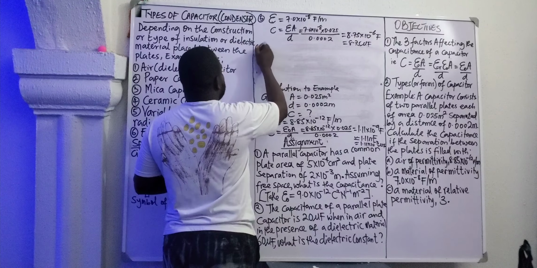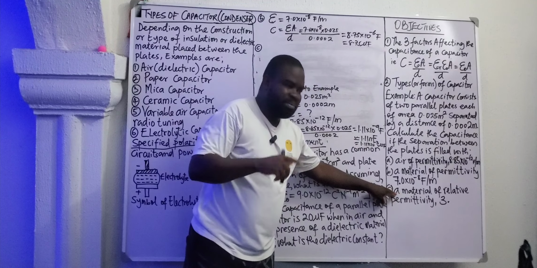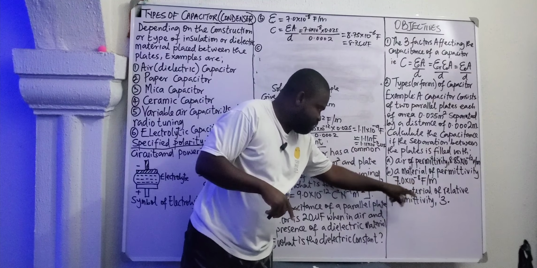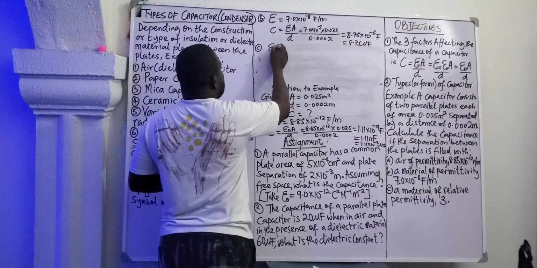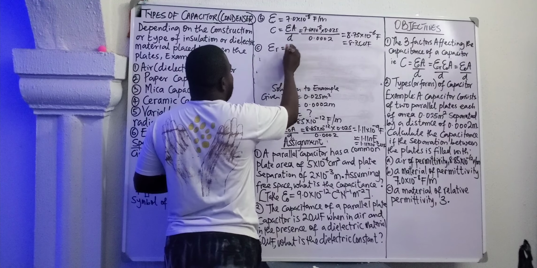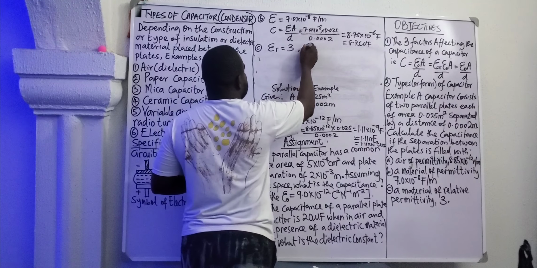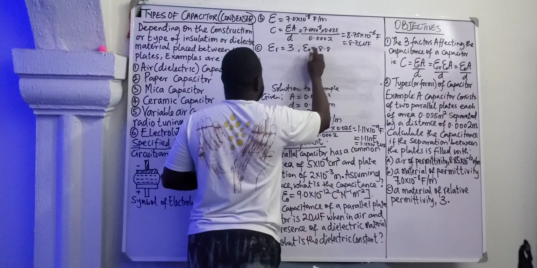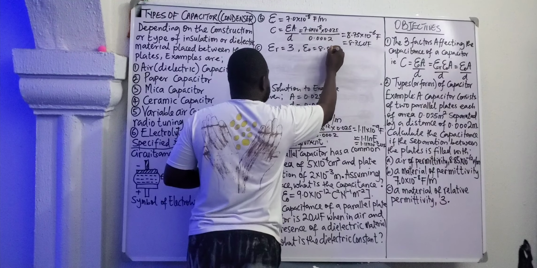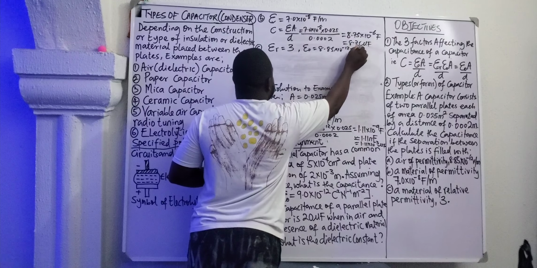Let's look at the last option there. They say if the dielectric material is given with a relative permittivity of 3. So here epsilon r is given as 3. And of course the permittivity of vacuum is also known because they go together in this essence, 8.85 times 10 raised to the power of minus 12 farad per meter.